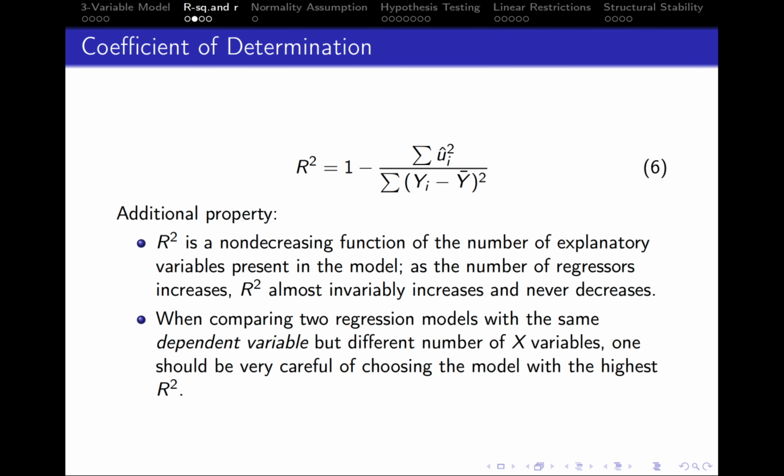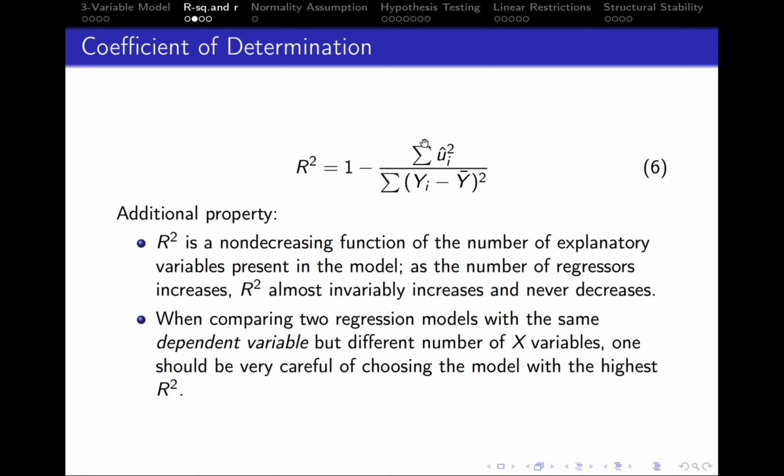However, there is a small issue with this coefficient of determination that you must be aware of. If you keep on adding independent variables, so if you keep on adding x's to your regression, the residual sum of squares will keep on decreasing, right?